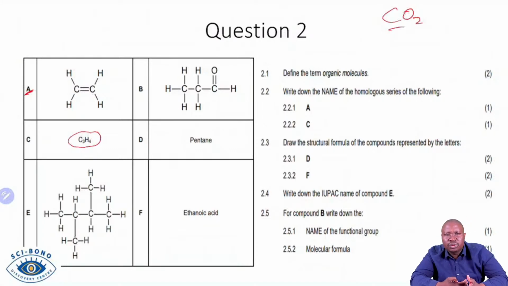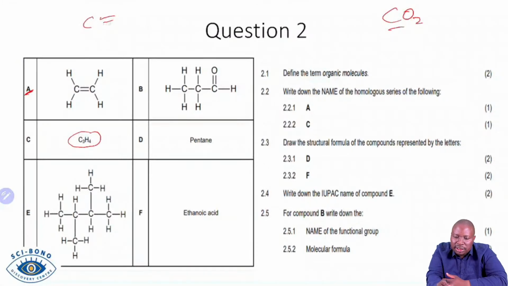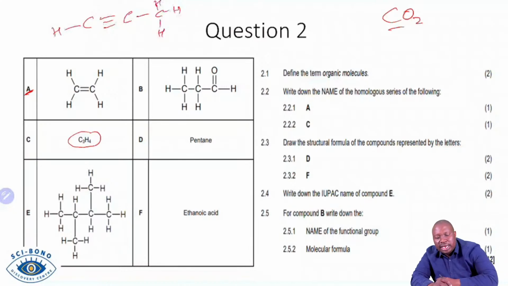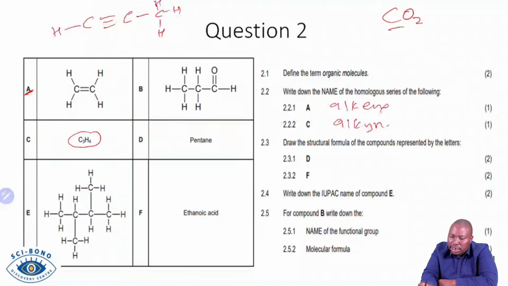So the emphasis will be: first draw the structural formula and see all the bonds. We did that and we were able to draw the structure. You saw we had a double bond there, we had a hydrogen, we had CH3 there, and then it was like that. Then you are able to see that this is an alkyne. So you said this is an alkene, and then number C, you said is an alkyne. So you are able to see all that with no problem.